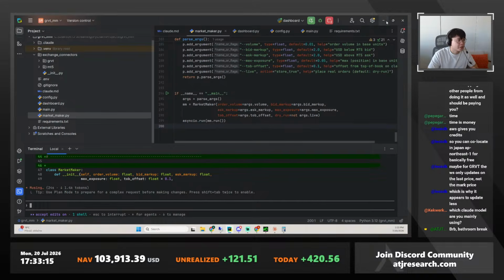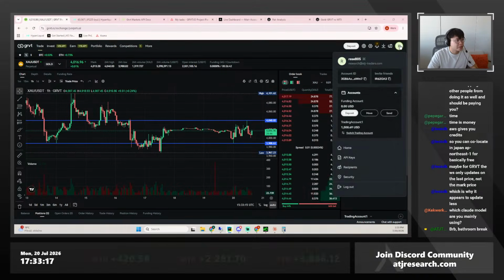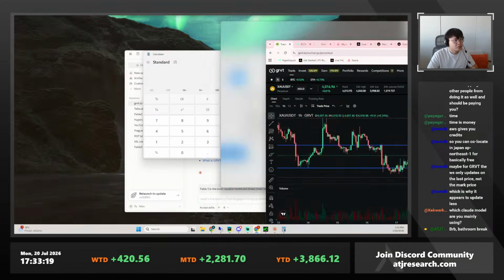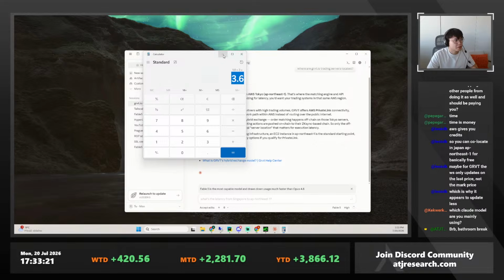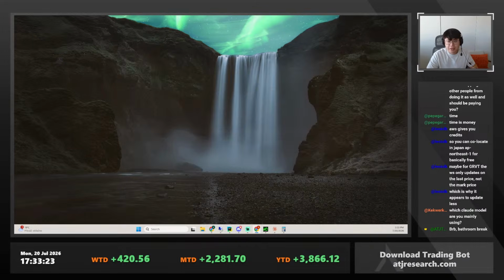Oh, I forgot one thing, and that is that I created a read-only API key. So quickly, in a separate window, I'll create new API keys and update that. I can create a new API key with trading permissions. So I'm going to do it now.